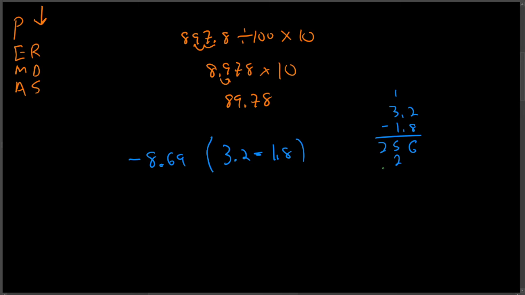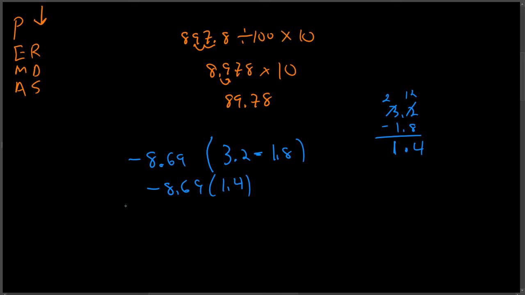Oh, I'm multiplying. I don't want to multiply, I want to subtract. I was getting ready for the big multiplication at the end here. Well, let's subtract. I'm going to need to borrow 1. 12 minus 8 is 4. And 2 minus 1 is 1. So we get 1.4. So that's what's inside my parentheses.